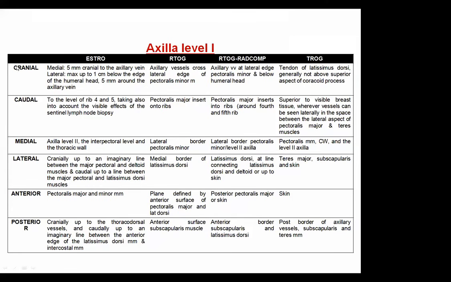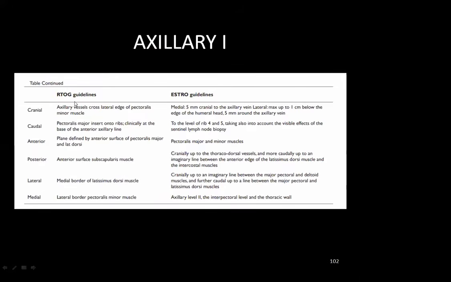Everybody has given almost similar margin boundaries, but somebody has taken the vessels, somebody has taken the muscles. How to remember? It is best to contour using the RTOG and ISTRO guidelines. The RTOG guidelines always give a larger volume; the ISTRO guidelines mostly give lesser volumes.